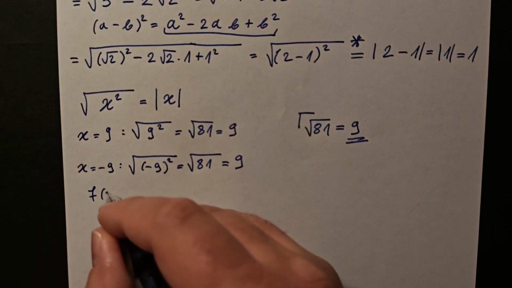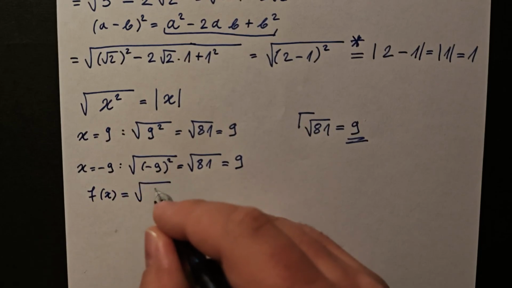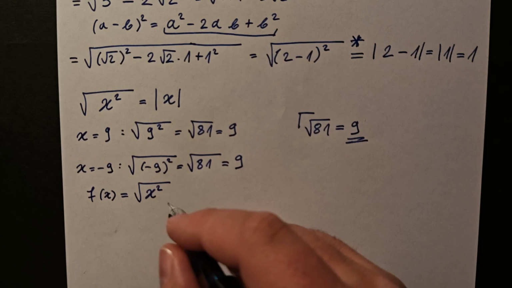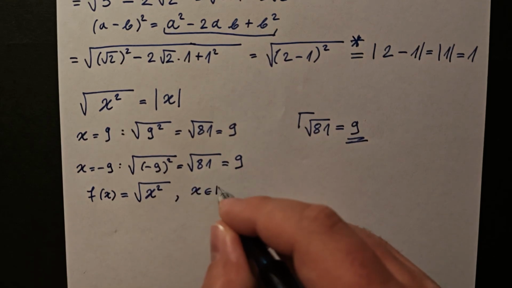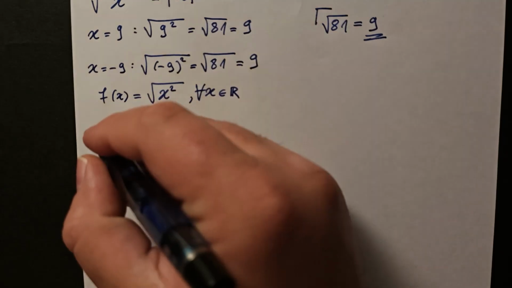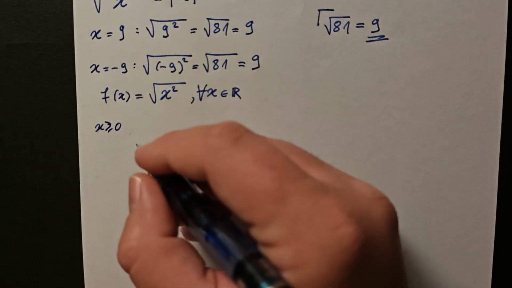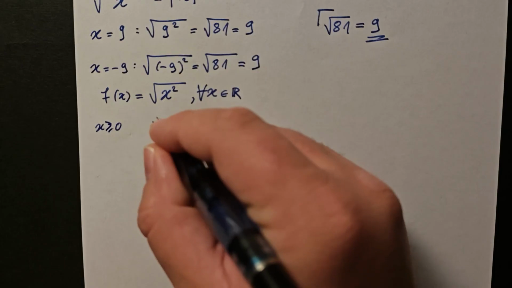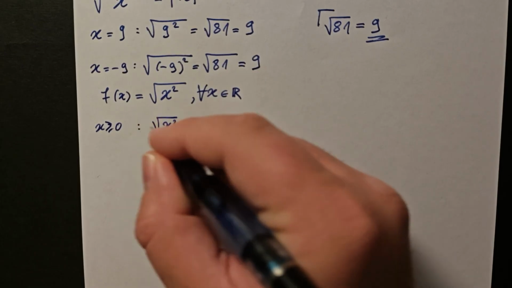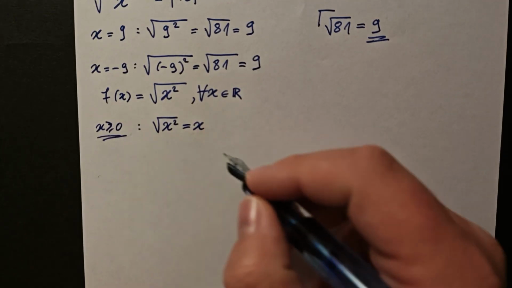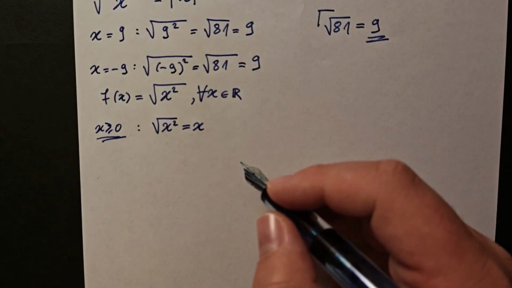Function f of x, which is defined as a square root of x squared, is defined for all x's which are real numbers. If x is larger or equal to 0, you don't have a problem. The square root of x squared is equal to x since x is larger or equal to 0.